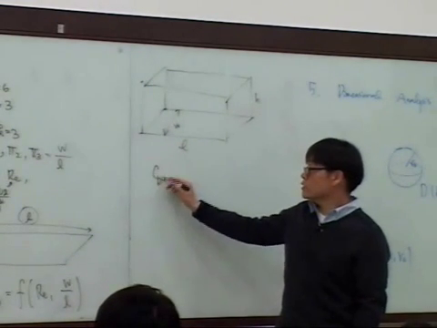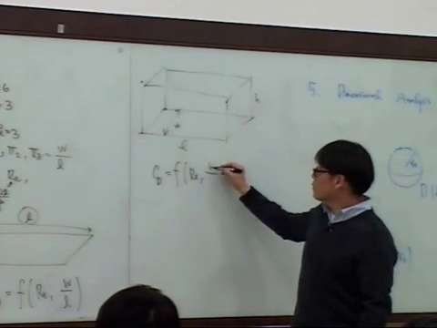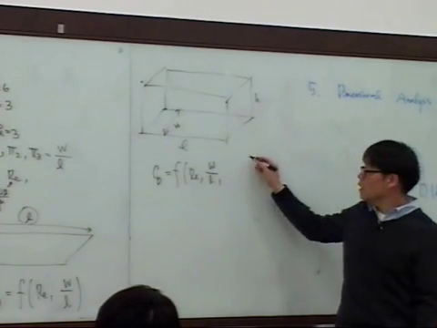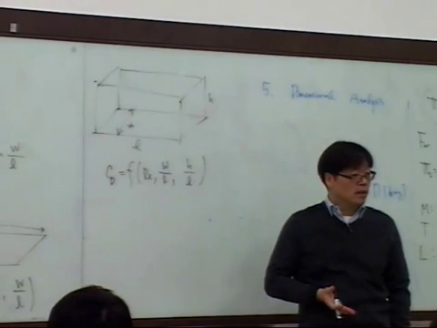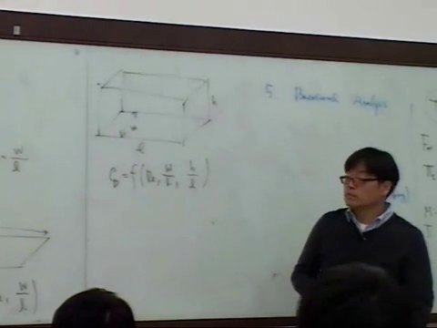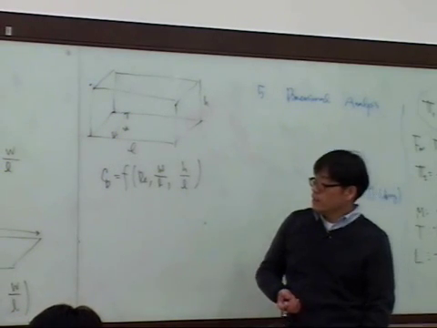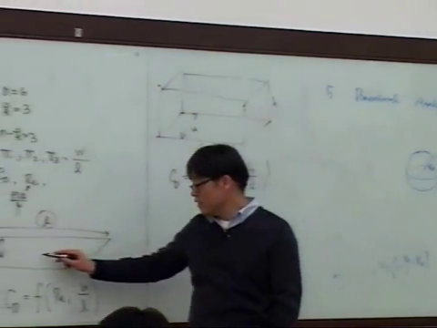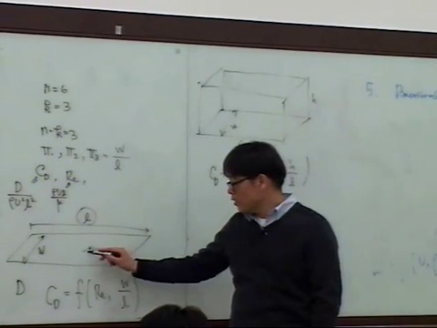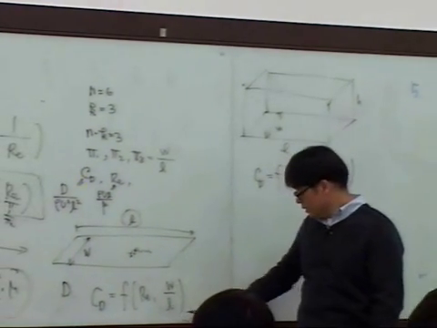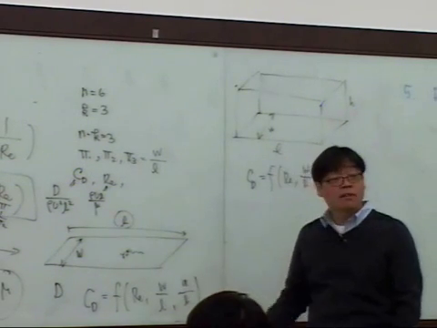Then the drag coefficient will depend on Reynolds number and W over L and h divided by L. Okay? And if there is a roughness, if the amplitude of roughness is A, then this will depend on A divided by L. Okay?